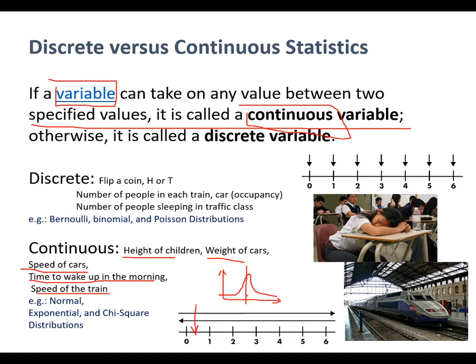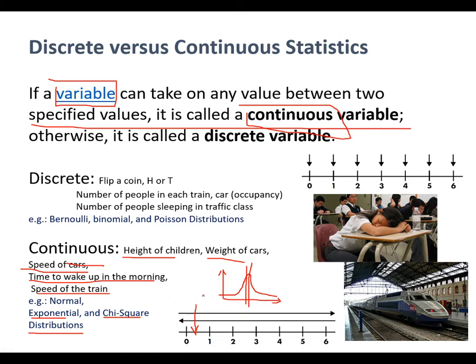However, we're going to have some kind of range here instead of a specific value. It can be normal, but depending on what variable you have, you can also have exponential, or another distribution called chi-square. These are distributions that define the continuous variables.